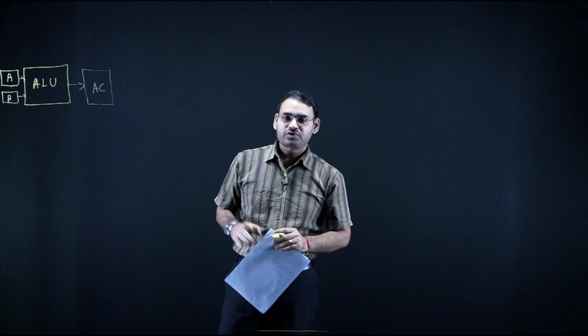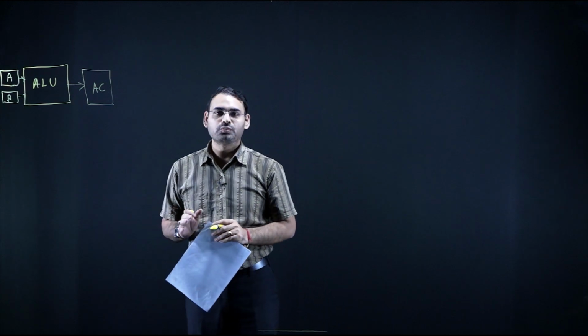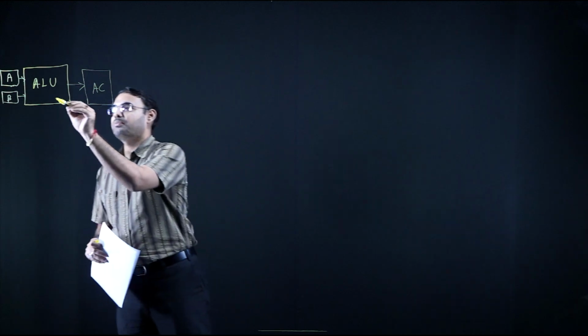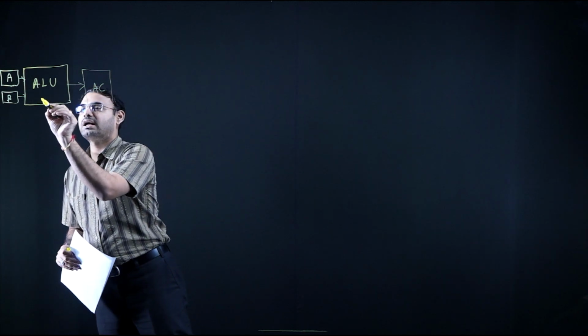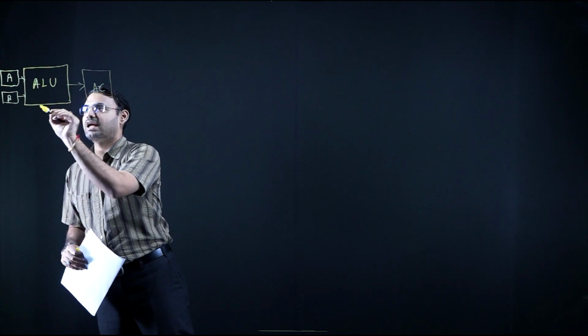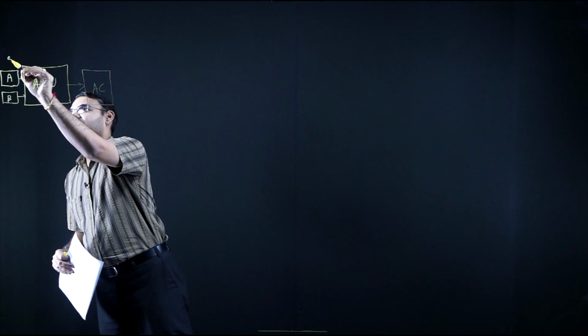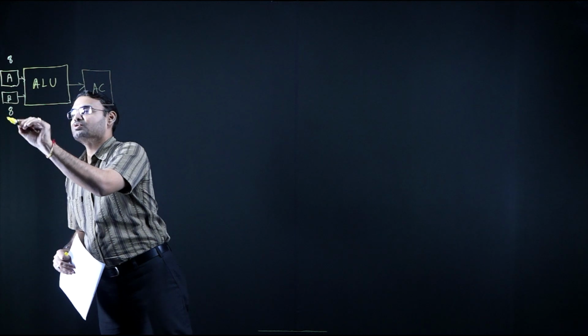Then, the processor that we want to declare has a certain number of bits, that is, how many bits the ALU can process. If I write that A is 8 bit, then B is also 8 bit, which means the ALU is 8 bit.